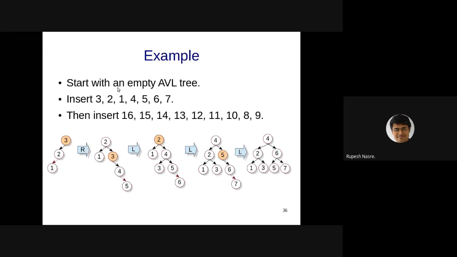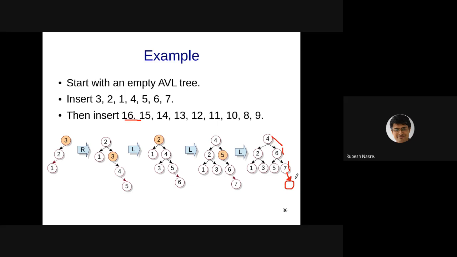When we add 16, it is going to come right of 4, right of 6, right of 7, and therefore it is going to get inserted here. Since originally it is fully height balanced, this one node is not going to cause any trouble. So this is going to be okay, and we'll add 16 there.